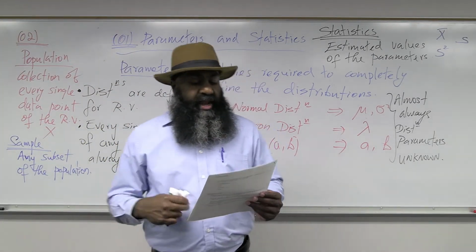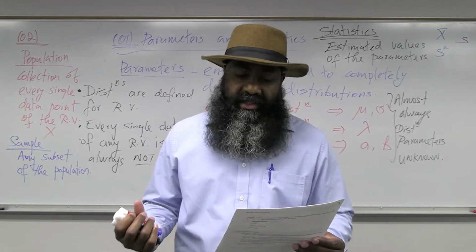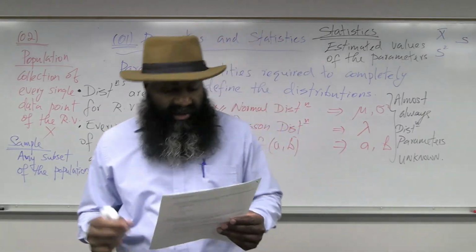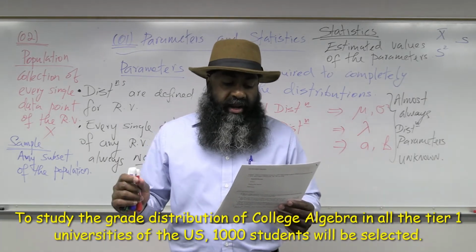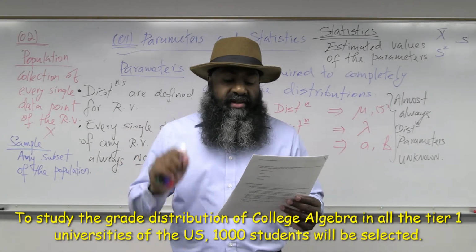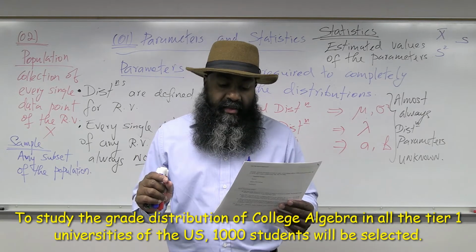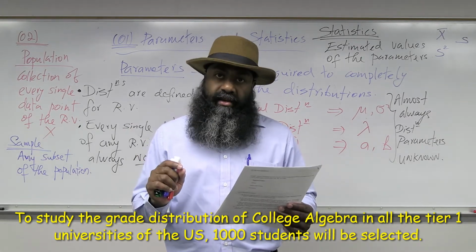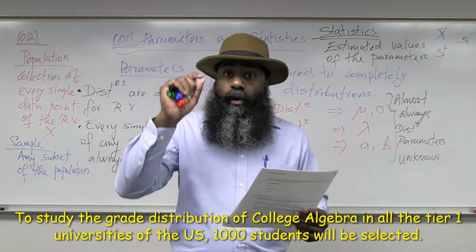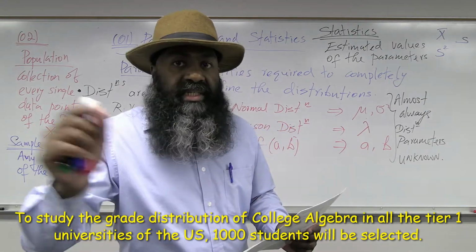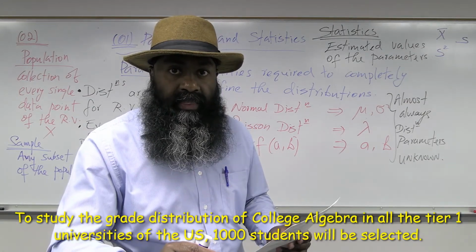Identify the population and the sample in each of the followings. Part A, to study the grade distribution of college algebra in all the tier 1 universities of the United States, 1,000 students will be selected. So what's the population? All the students in the tier 1 universities of the United States.